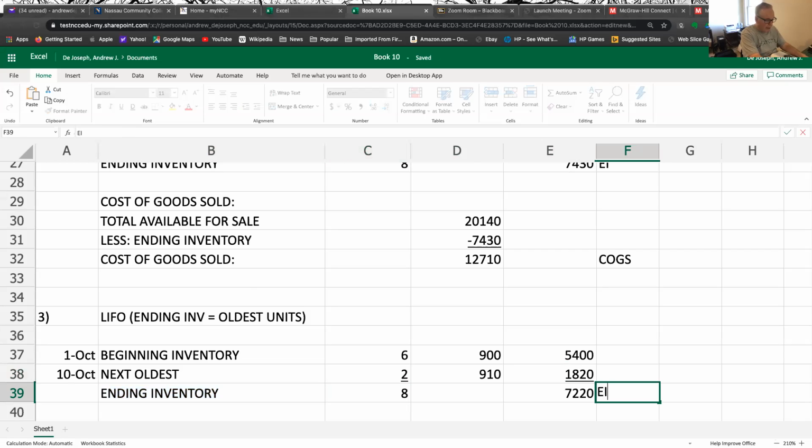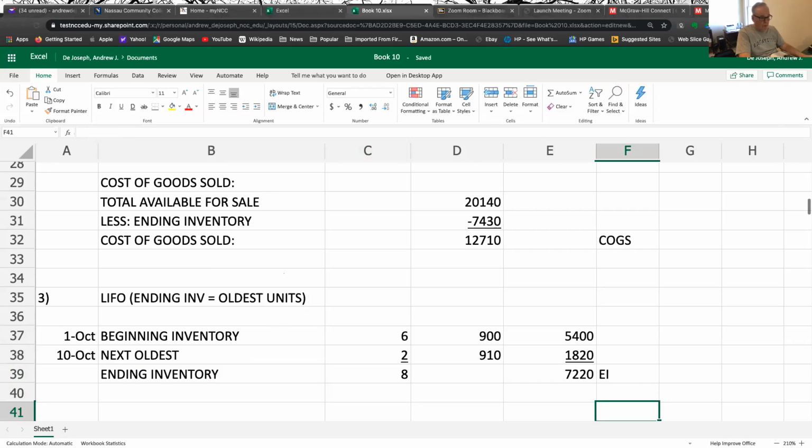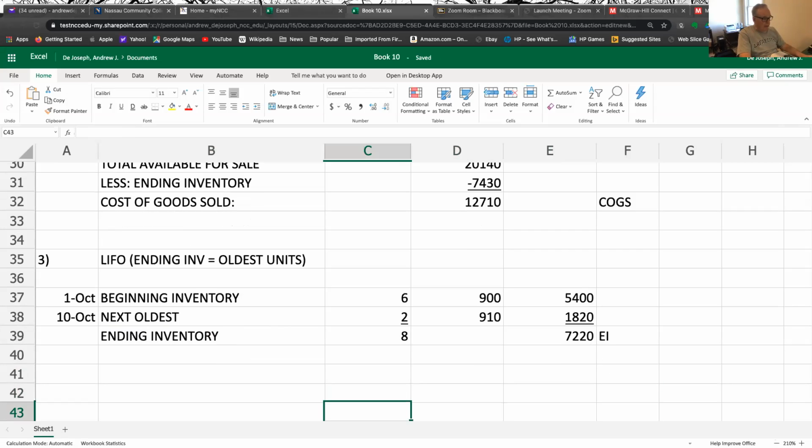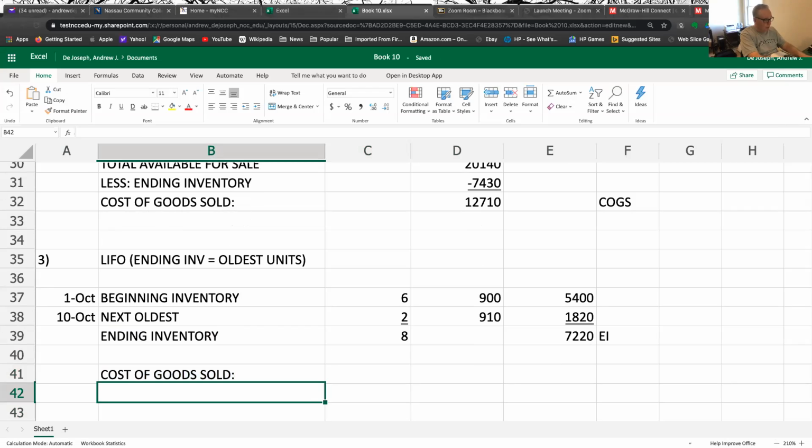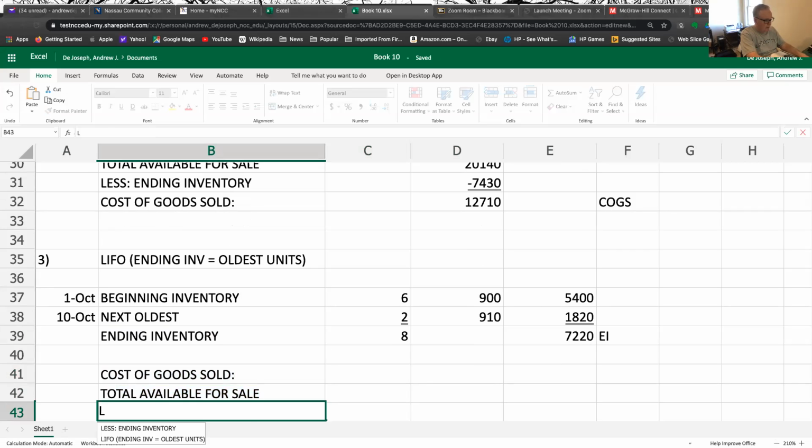Let's put EI next to that. So when you're filling out the boxes, that goes in the box. Cost of goods sold. Again, what's cost of goods sold? It's the total available for sale less the ending inventory.